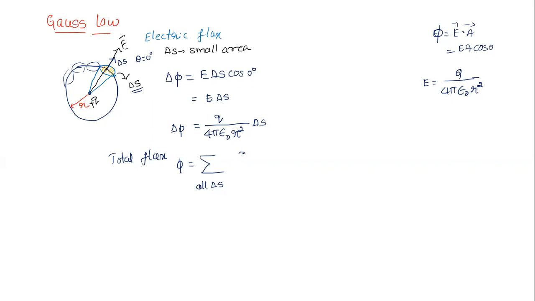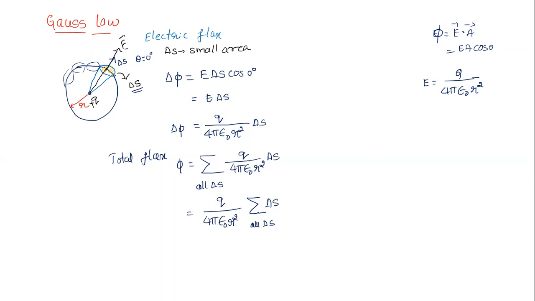That is Q divided by 4 pi epsilon naught R square into delta S. The constant things I take outside, so it becomes Q divided by 4 pi epsilon naught R square into the summation of all delta S. The summation of all delta S is nothing but the area of the complete sphere.